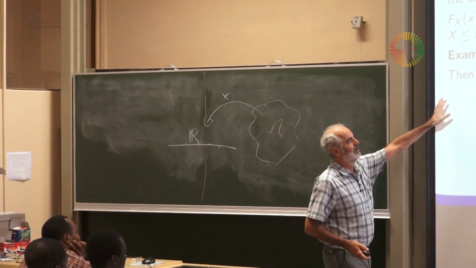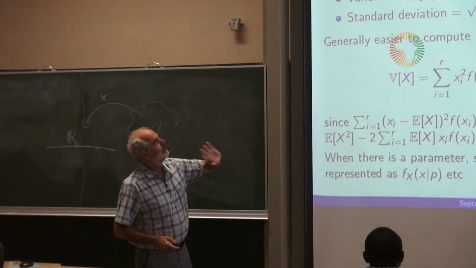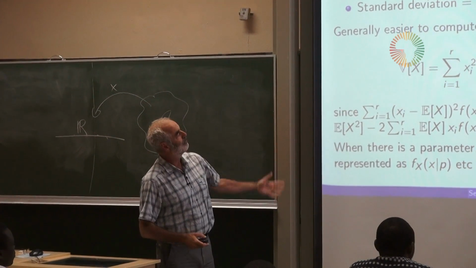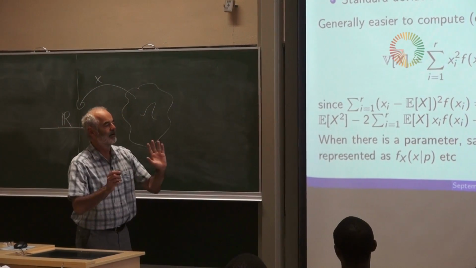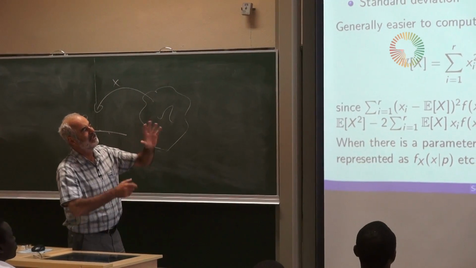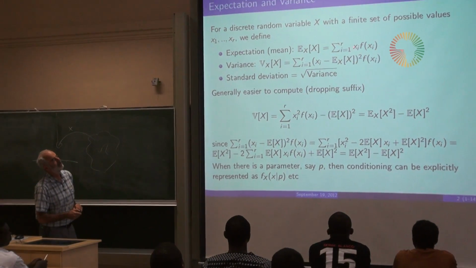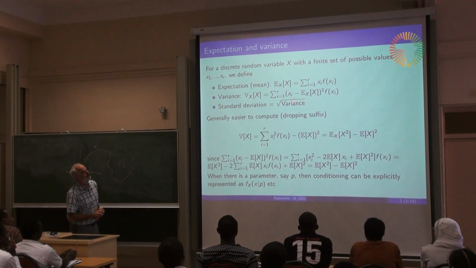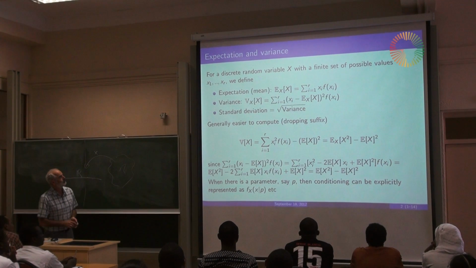So it might be, for example, the total number of heads we flip. Now, there's a whole lot of stuff here, but these are important. They're basically the measures, if we have a random variable, of its expectation, how big we think it'll be on average, which is the values it can take on weighted by their probabilities, and its variance, which is how much it varies around the mean.